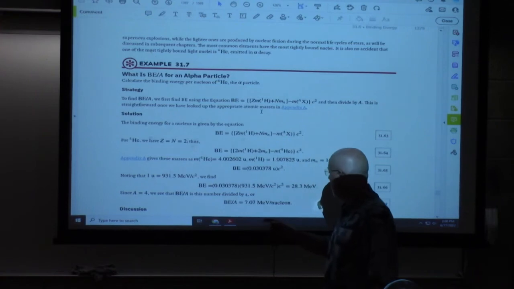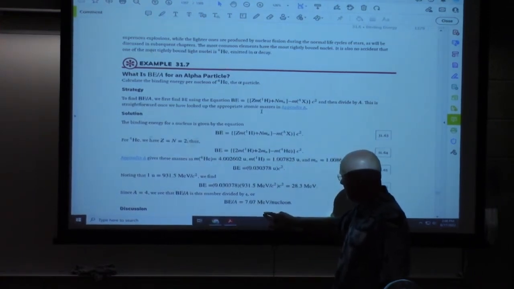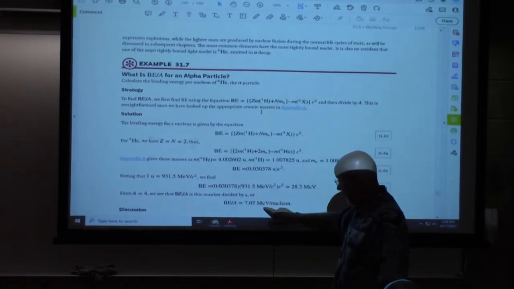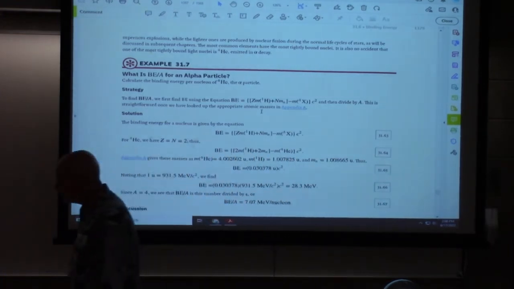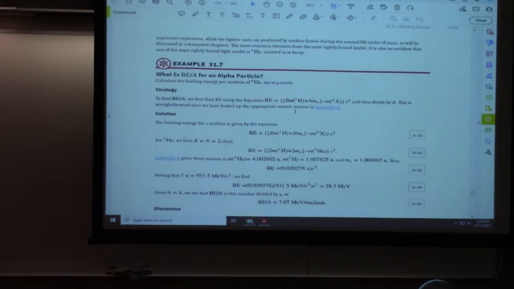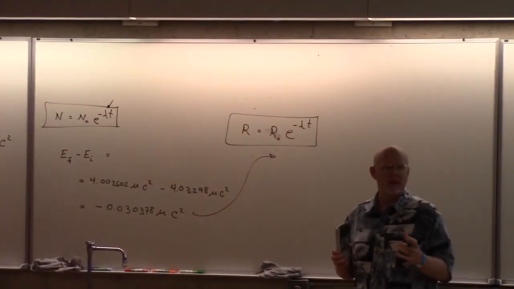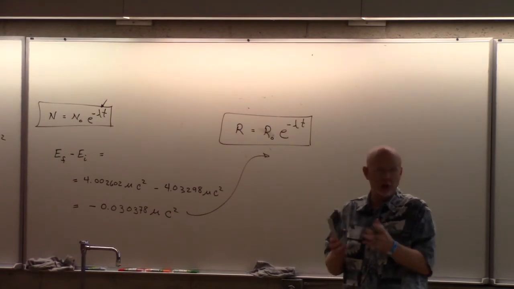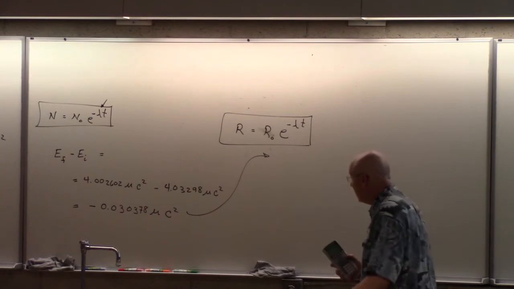And so he has MeV, so the energies are in MeVs per nucleon. So why don't I take advantage of that? And there's a couple ways of getting there. I think it might be easier for you to understand if I switch it to joules first and then remember what an electron volt is.